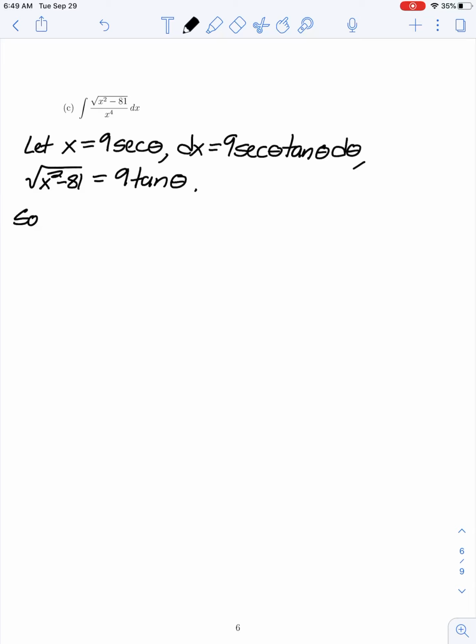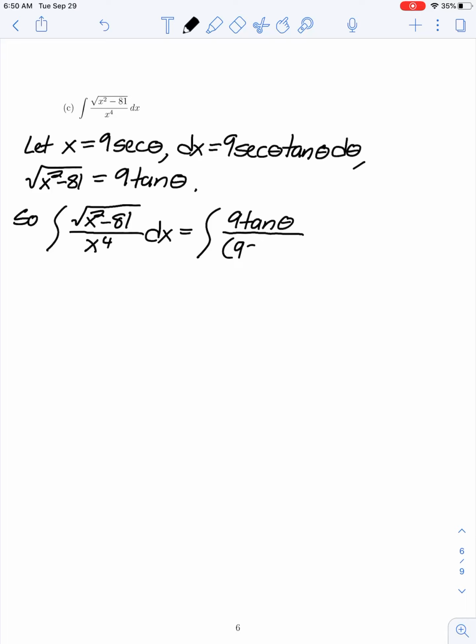So let's rewrite our integral in terms of theta. So we have the square root of x squared minus 81 over x to the fourth dx. And we said that our numerator is going to be 9 tangent theta divided by x to the fourth. So that would be 9 secant theta to the fourth power. And then dx was 9 secant theta tangent theta d theta.